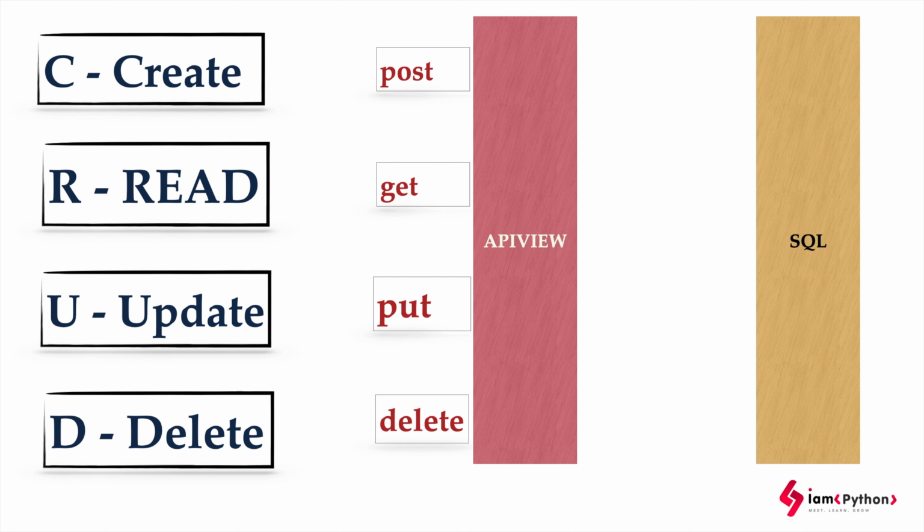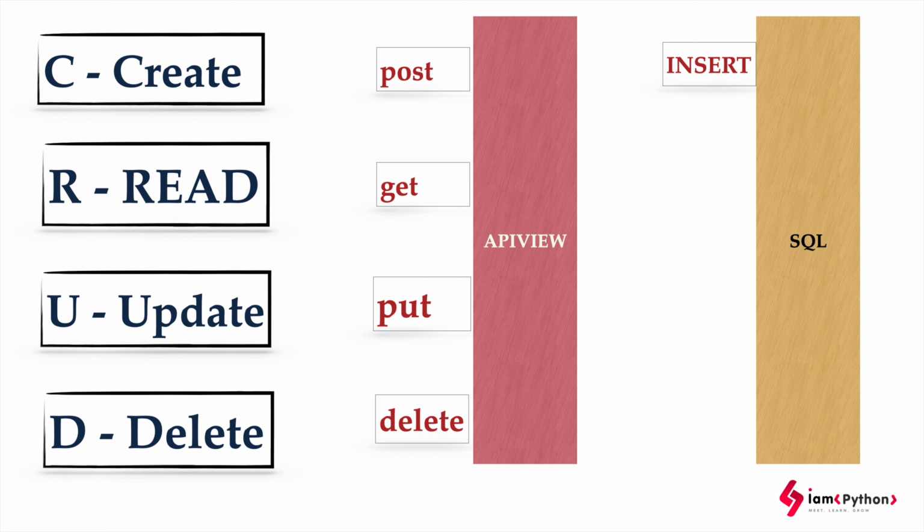Basically APIView is one type of view implementation which we generally use for class-based views, and we use it for REST services. We deal with the HTTP protocol, where we use the post, get, put and delete operations.